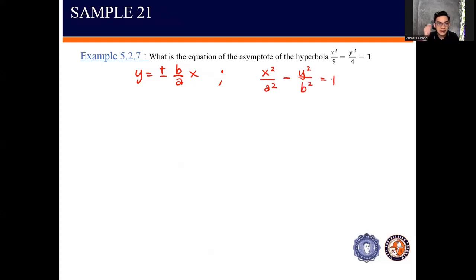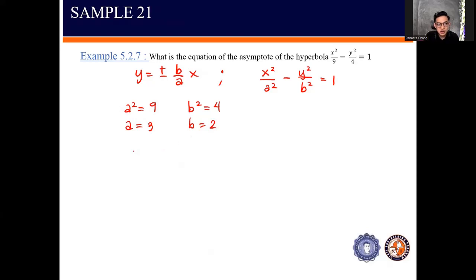So again, tandaan natin, kung sino yung may hawak ng positive, siya si a squared. Pag negative, which is negative 4, siya si b squared. Okay, so by inspection, ang a squared po natin dito is 9, which is ang square root ng 9 is 3. Then next one is b squared natin is 4. Then ang square root ng 4 is exactly 2.